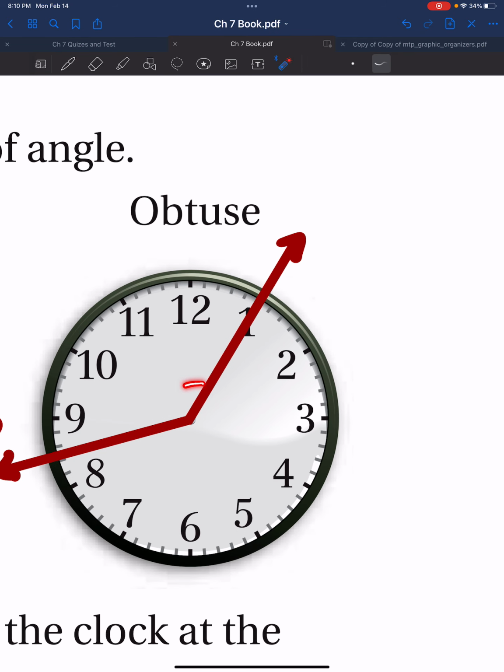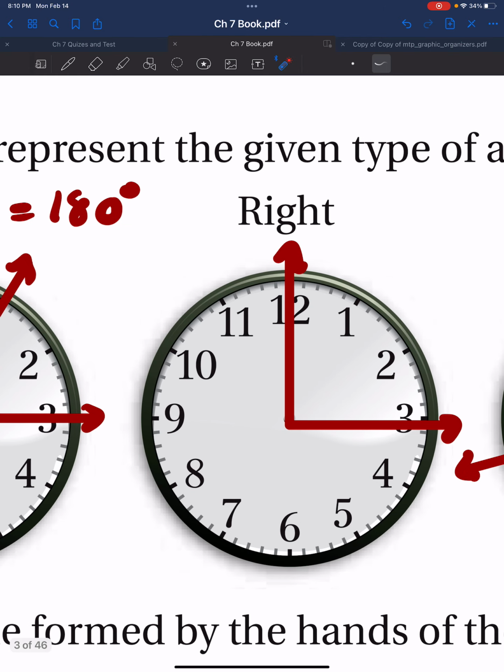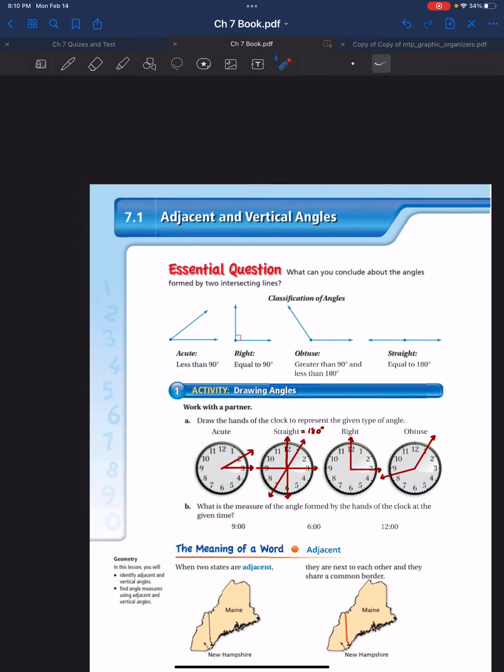For example, that one's obtuse. And that one's obtuse. That one's huge. This angle right here is greater than 180 degrees because 180 degrees is a straight line. Interesting how that works. If this is a 90-degree angle, could you tell me what the angle is right here? You can, and we're actually going to learn all about that today.